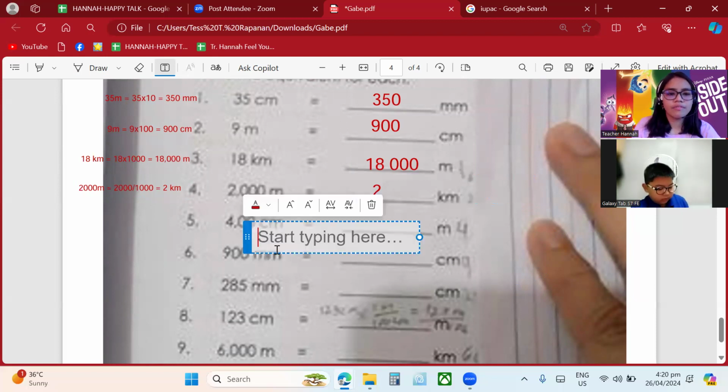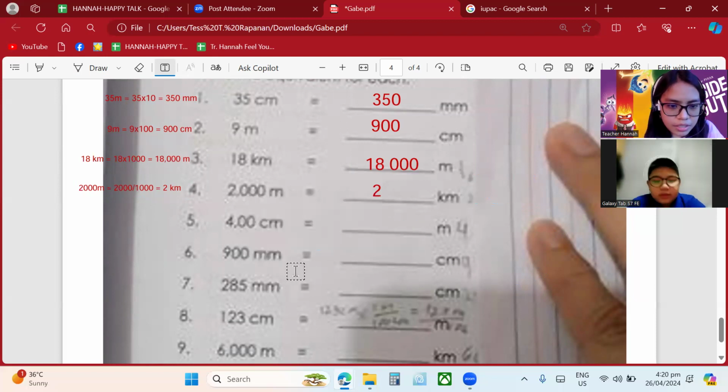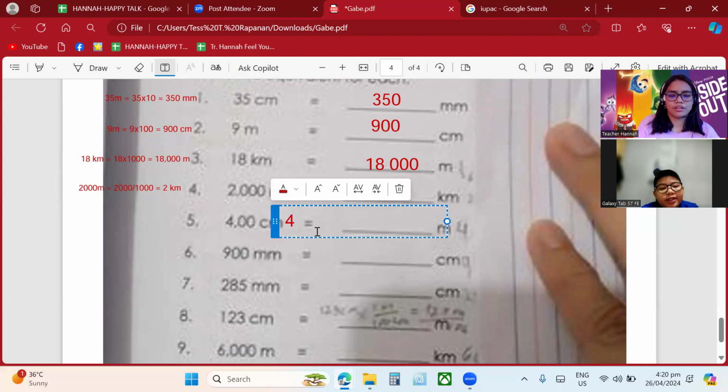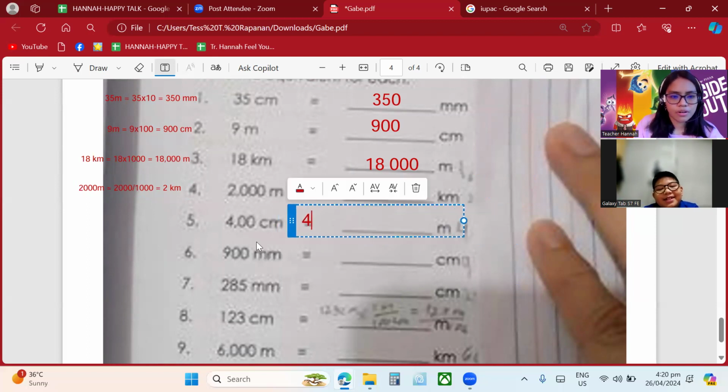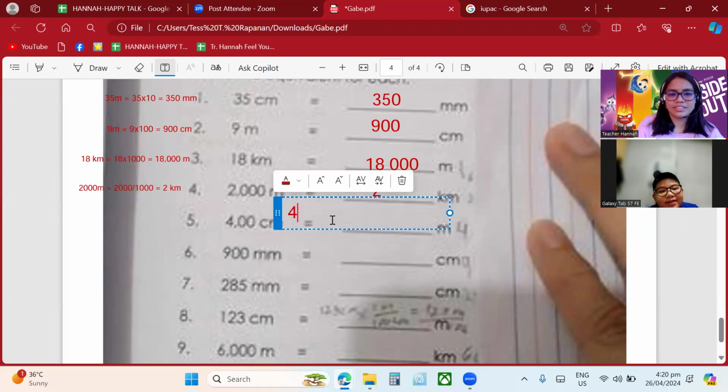Okay, so let's go with number 5. What is this? 4? Is it 400? I think it's just 4 because there's a period here. Let's use 4 centimeters.